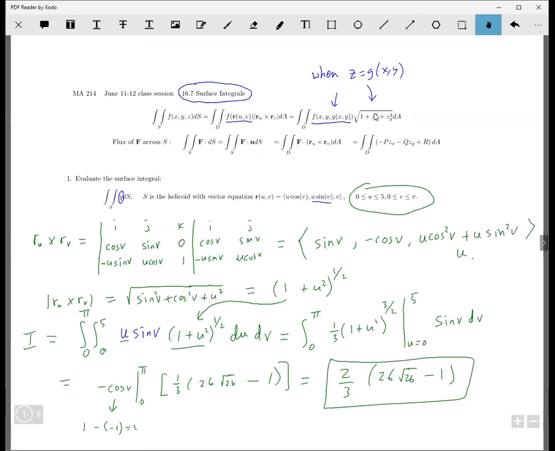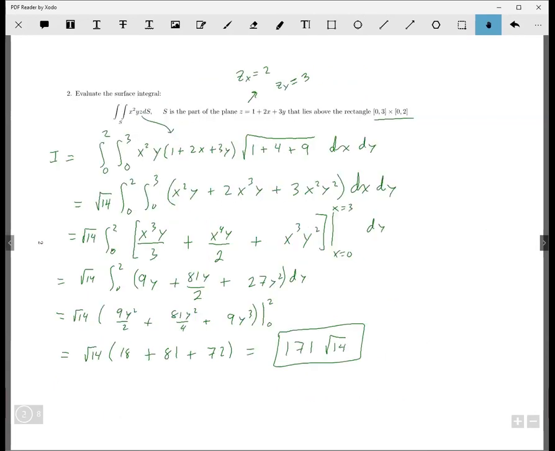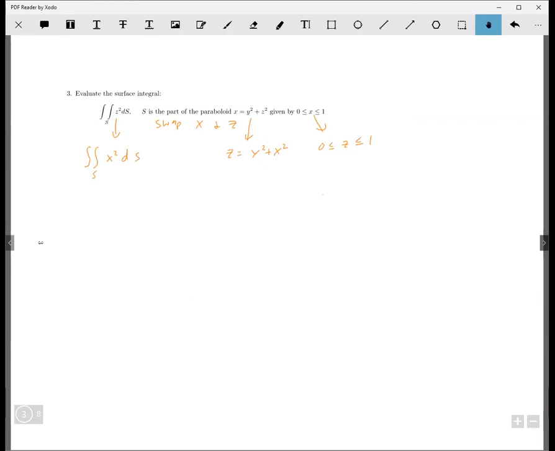And then this would be 1 plus x sub y squared plus x sub z squared. Okay, you can try to do that one, follow along that way. But it's much easier to do this way though. Okay, so let's go ahead and calculate the integral.